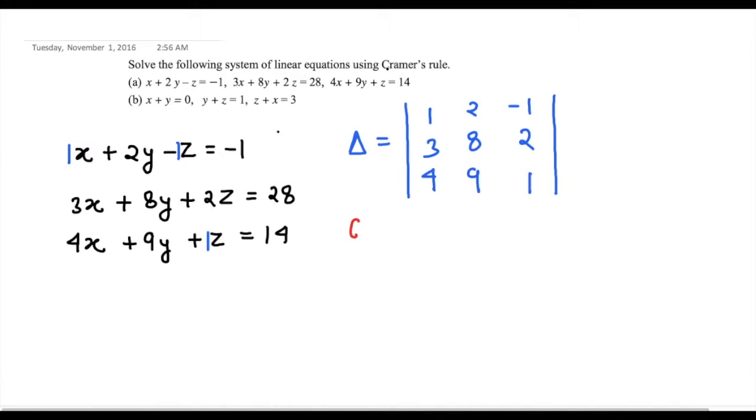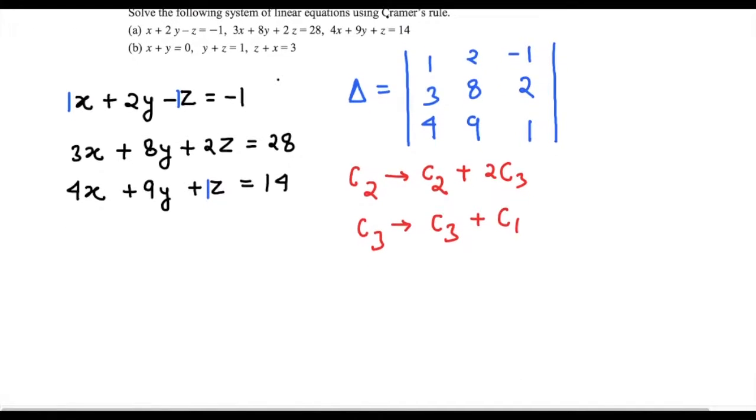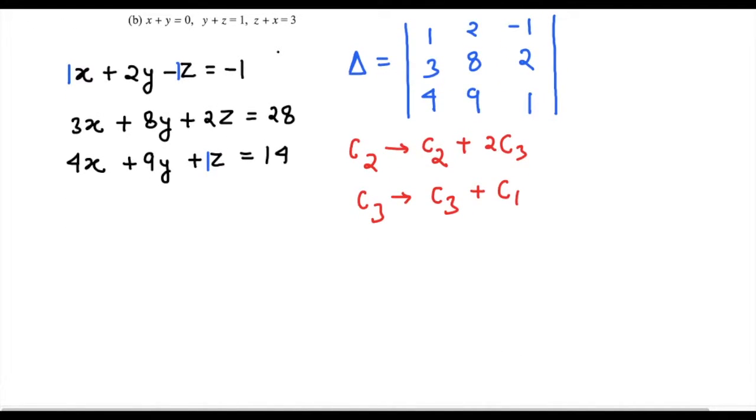In column number 2 I am going to add twice of column number 3, and in column number 3 I am going to add column number 1. So let's do this.